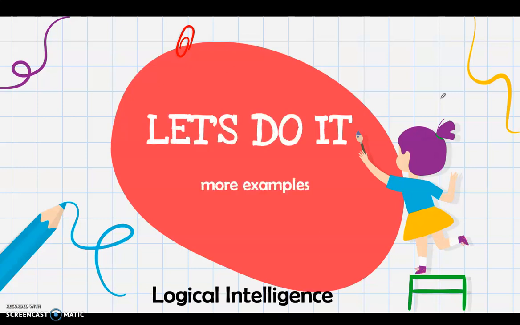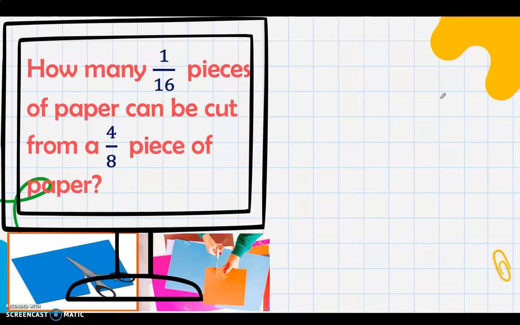Let's have more examples. How many 1/16 pieces of paper can be cut from a 4/8 piece of paper? In this problem, let's find out what the dividend is. The dividend here is the total, which is the 4/8 piece of paper, because of the word from. So the dividend is 4/8.